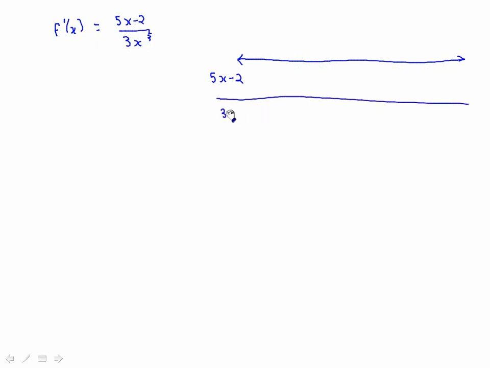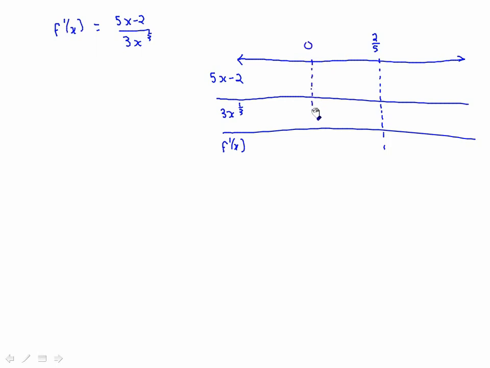Then 3x to the 1/3. And then f prime at x. And then for 5x minus 2, we've already noted that the critical number is 2/5. And then for 3x to the 1/3, the critical number is 0.